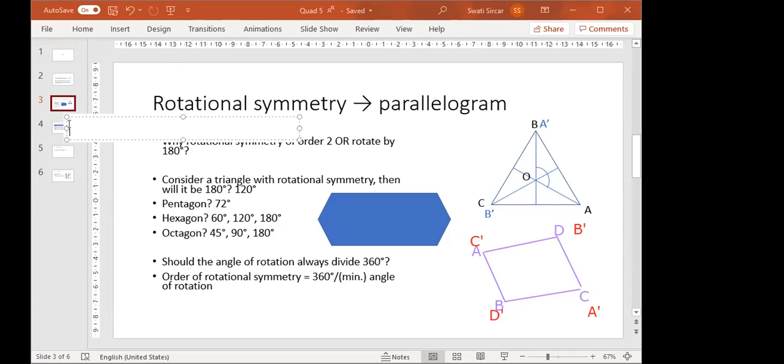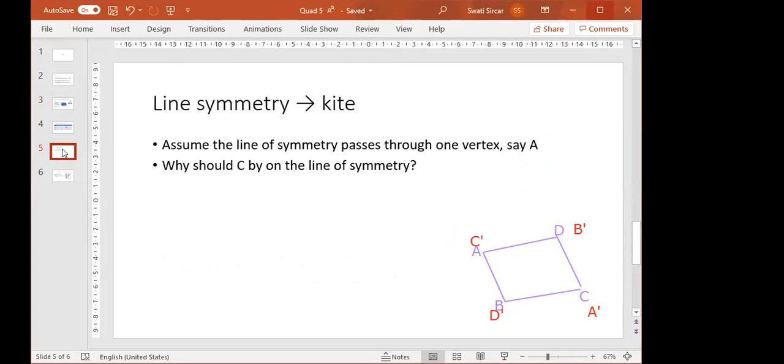Now, this next question. You all made the correct assumption that the line of symmetry needs to pass through one vertex, and we can call it A. Let me again annotate.